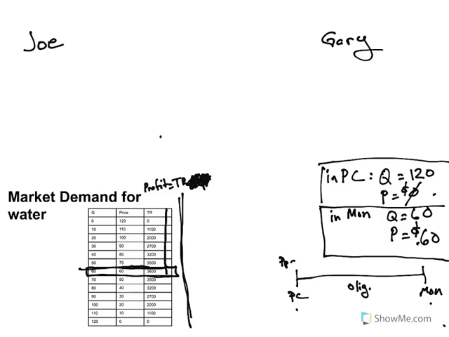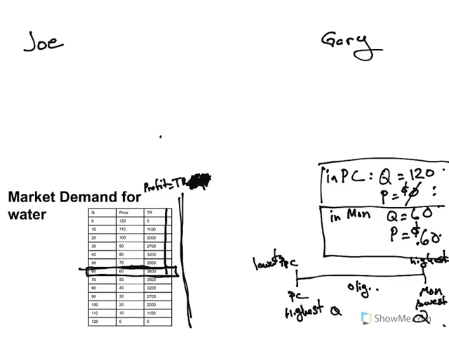The perfectly competitive firm might have the lowest price and the highest quantity. The monopoly might have the highest price and the lowest quantity. Sure enough, that's what it is here. So oligopoly is going to be somewhere in between.